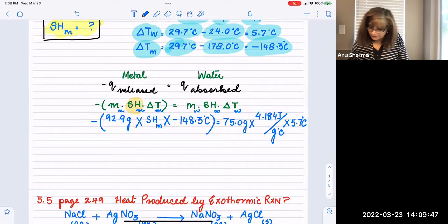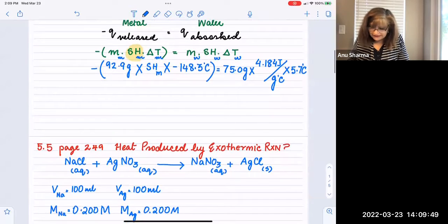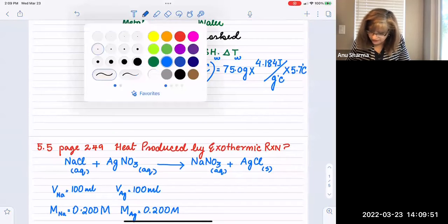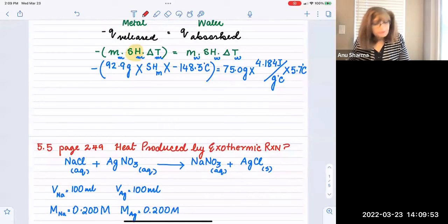So this is the way you will set this up. Now keep in mind that when the brackets open, the minus and minus cancel out, so this whole number becomes a positive number.